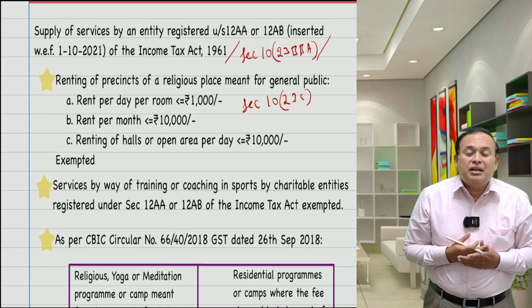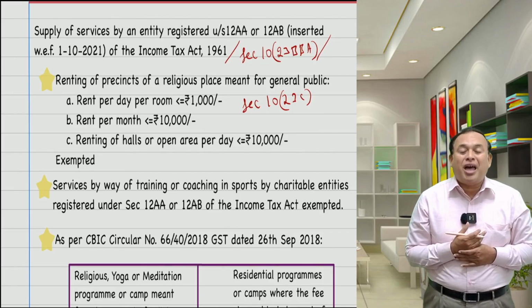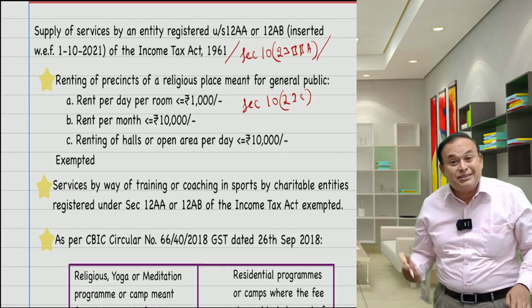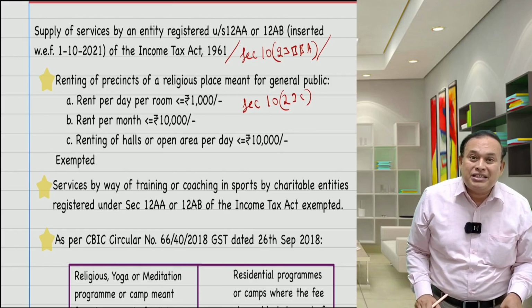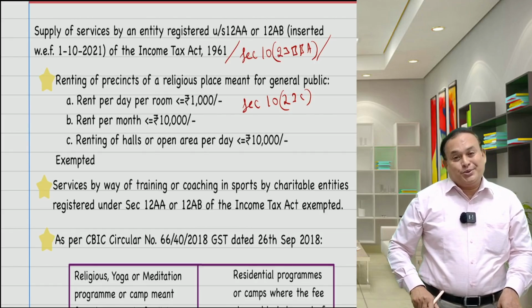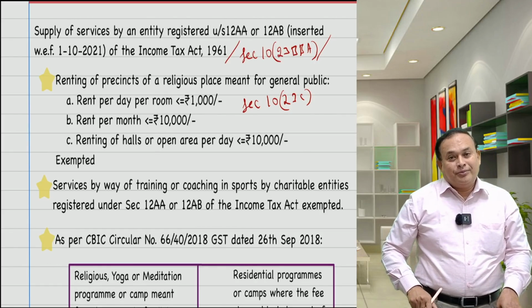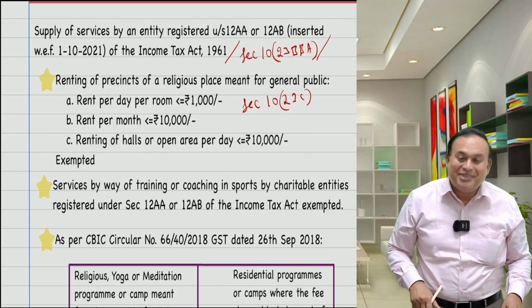Cottage rental per day per room charged by Tirumala Tirupati Devasthanam, 800 rupees exempted. 1800 taxable. What value taxable? Entire 1800 taxable, not the amount over and above 1000 rupees. Tirumala Tirupati Devasthanam also is liable to pay GST in the given case.